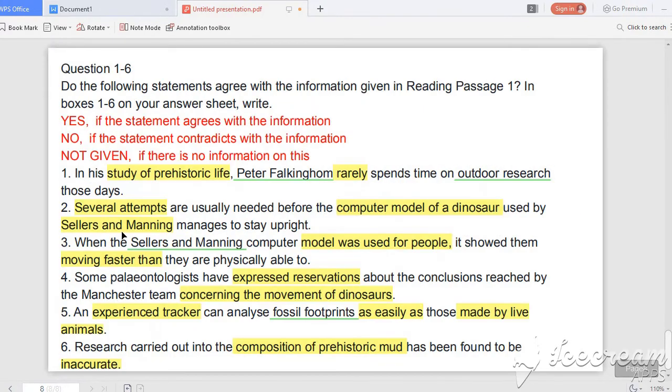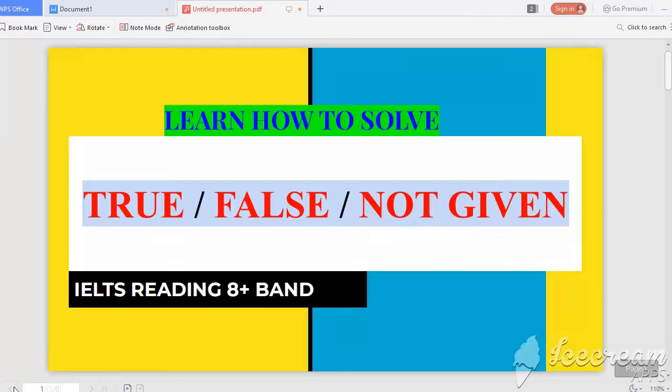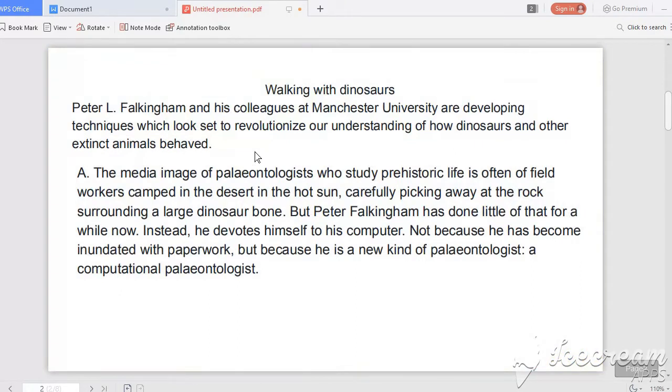So let's read the question again. Our question is: in his study of prehistoric life, Peter rarely spent time on outdoor research those days. So we understand the question carefully, and now let's read the passage again. Here it's clearly mentioned that scientists who study prehistoric life often do field work, which means outdoor research.